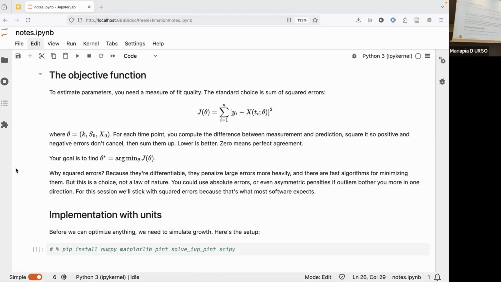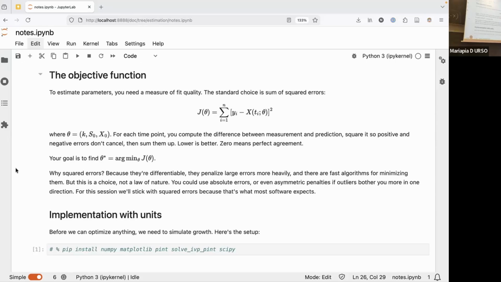Okay, so once we have the curve, then we can think of finding back our parameters, and how do we do that? We need some measure of goodness of fit. And this is just the 2-norm of the difference to the experimental data. So here, this J of theta. Theta will be the parameters. In our case, it will be k, x0, s0. It will be just the sum of the squares of differences between y_i, the time series data that we get.